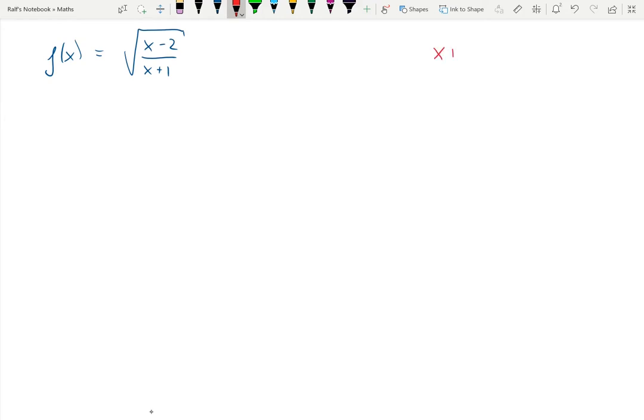That means x plus 1 cannot be 0. And we're taking a square root, and we don't want to take square roots of negative numbers. So the entire term x minus 2 over x plus 1 has to be larger or equal to 0, because square root of 0 is fine.